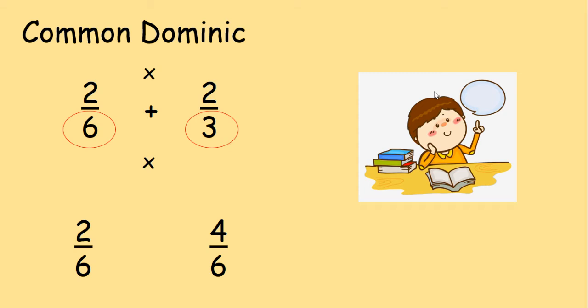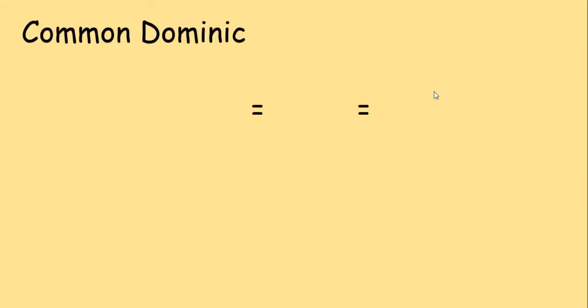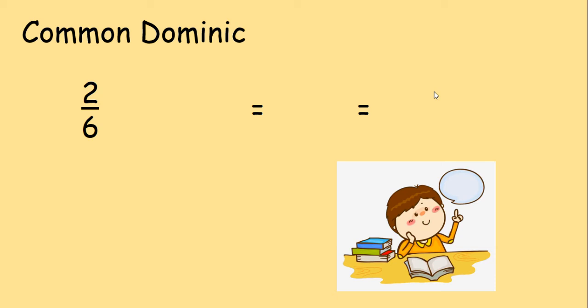I have multiplied 3 by 2, which gives me 6, and 2 by 2, which gives me 4. Therefore, I have arrived at 4/6. And I can now add these two fractions together as the denominators are the same. 2/6 add 2/3 gives me 6/6, which is also equivalent to 1. Well done if you managed to get the answer.